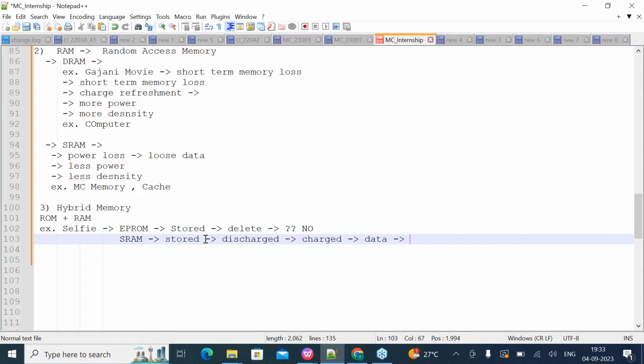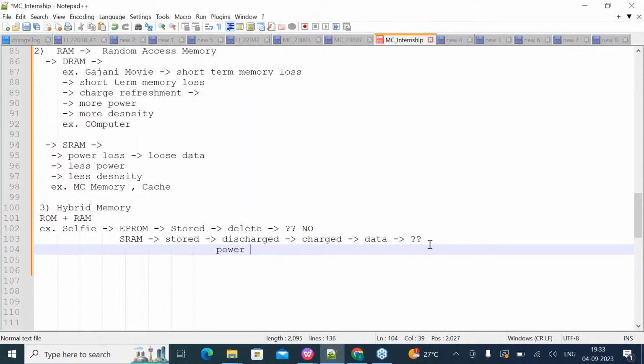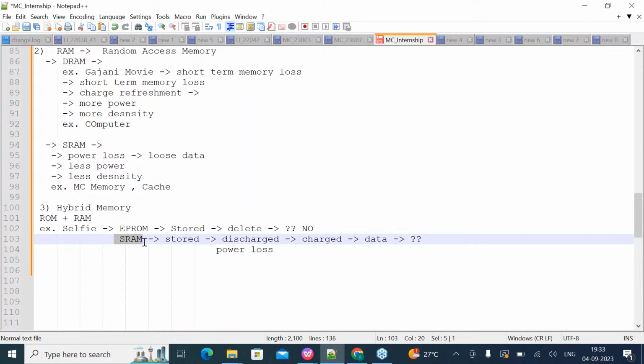What about my selfie? Here, discharge means you got a power loss. So what happens to the data if you have a power loss? Don't you think whatever data was stored in the SRAM is lost? Don't you think I'm going to lose that selfie, lose that data? Am I right?